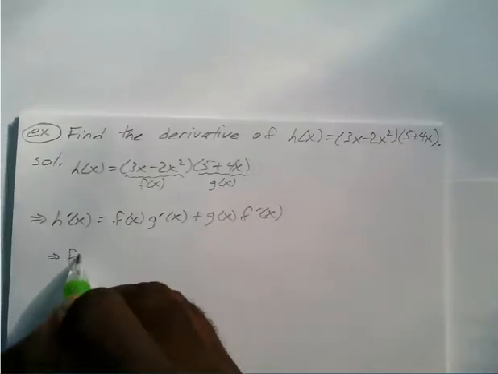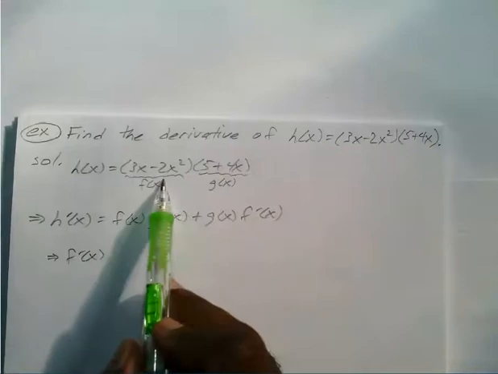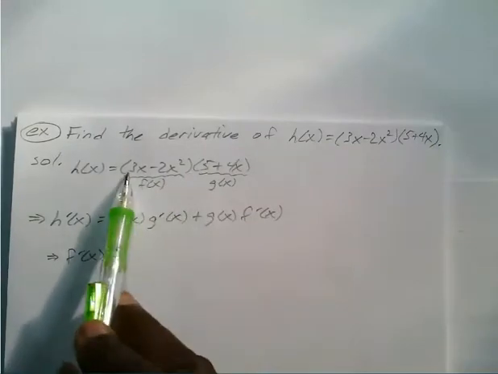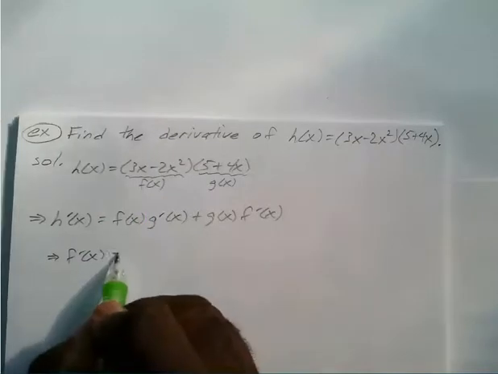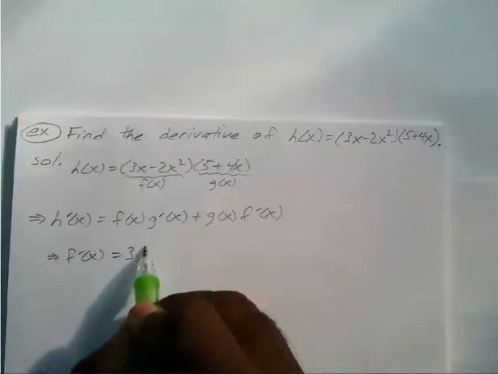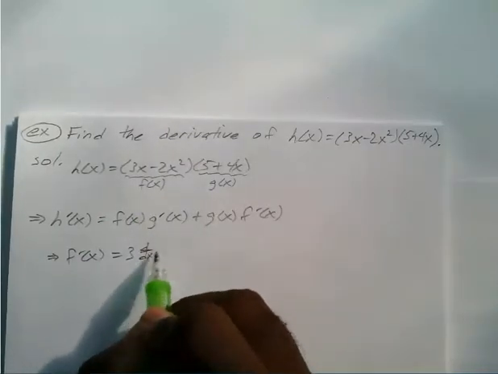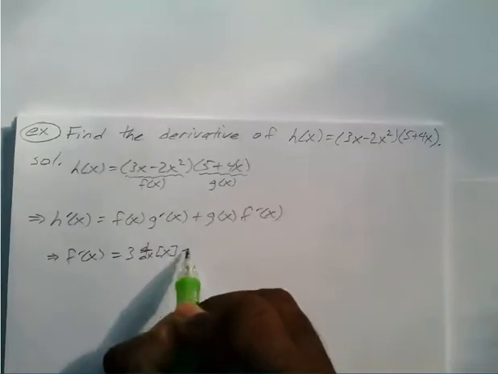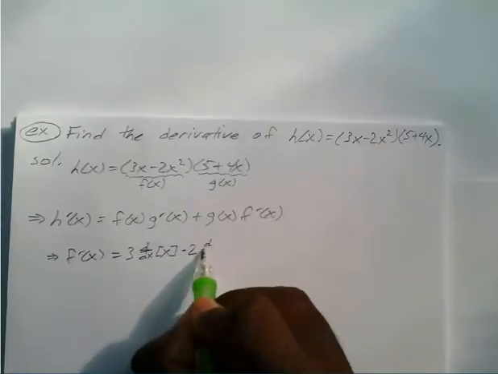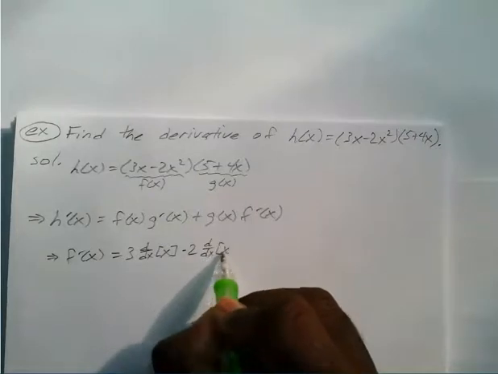Okay, so your f prime of x, remember this is your f of x. So you have 3 times the derivative of x, which is 1. So 3, I'll just go ahead and write it out. Derivative of x minus 2 times derivative of x squared.